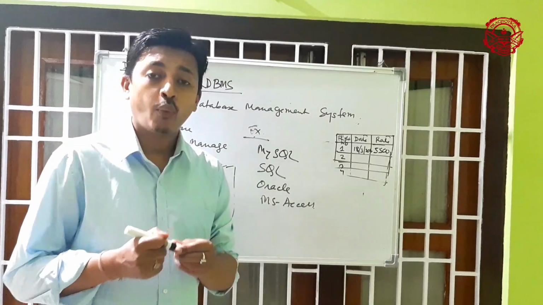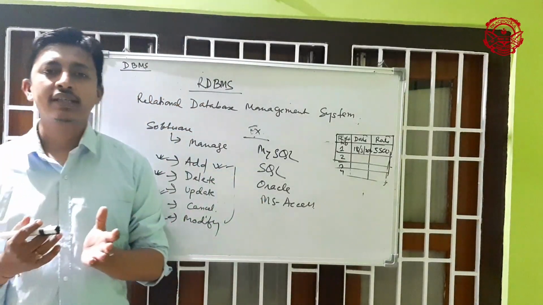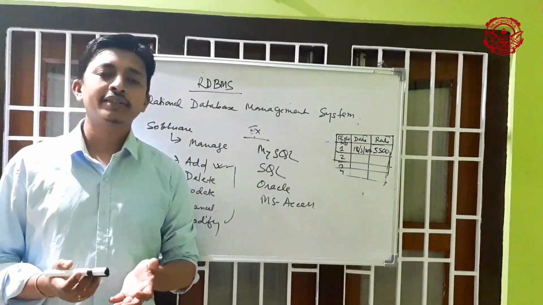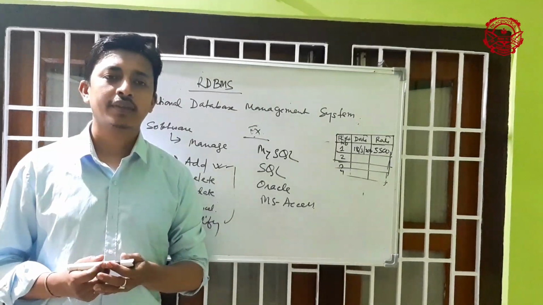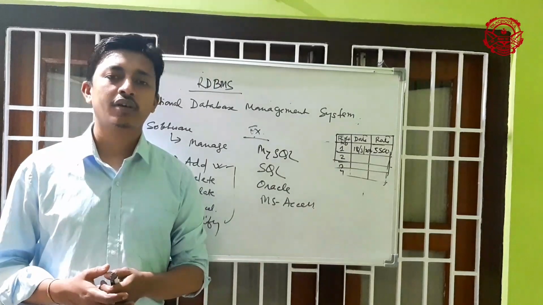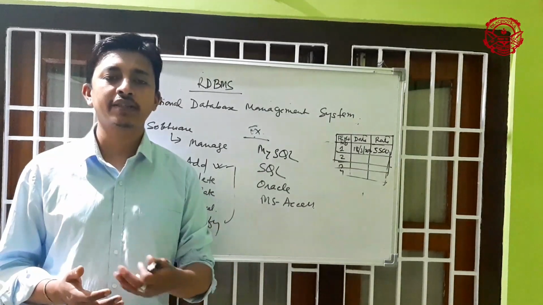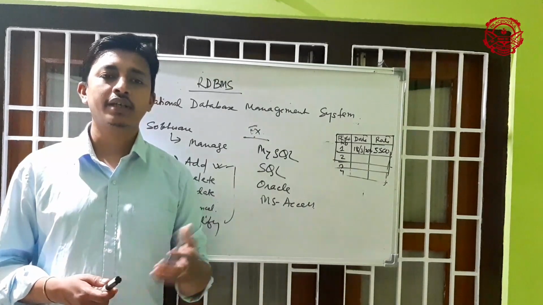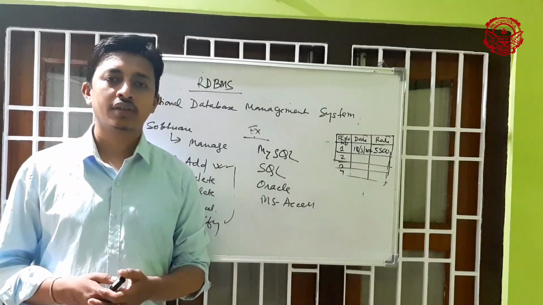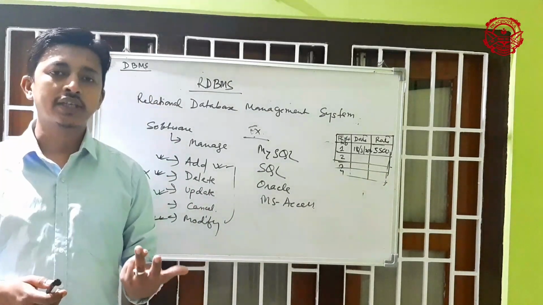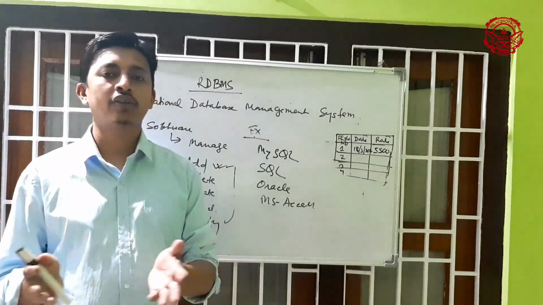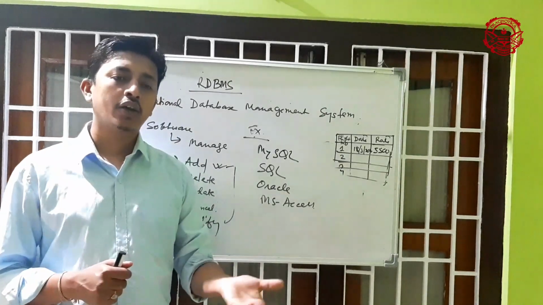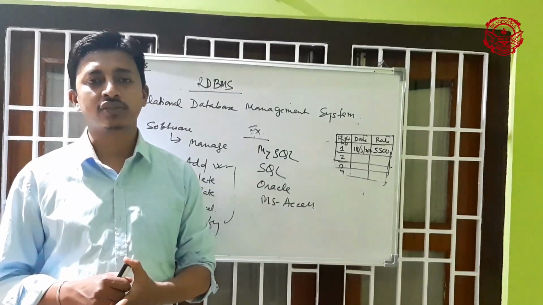Now, one more thing, last thing I want to say, that in the doubt clearing session only a few students are present in the Google Meet. The others are not present. Only 6 to 7 students are present in the Google Meet. In this week I attended 2 doubt clearing sessions, but only 6 to 7 or 7 to 8 students came.